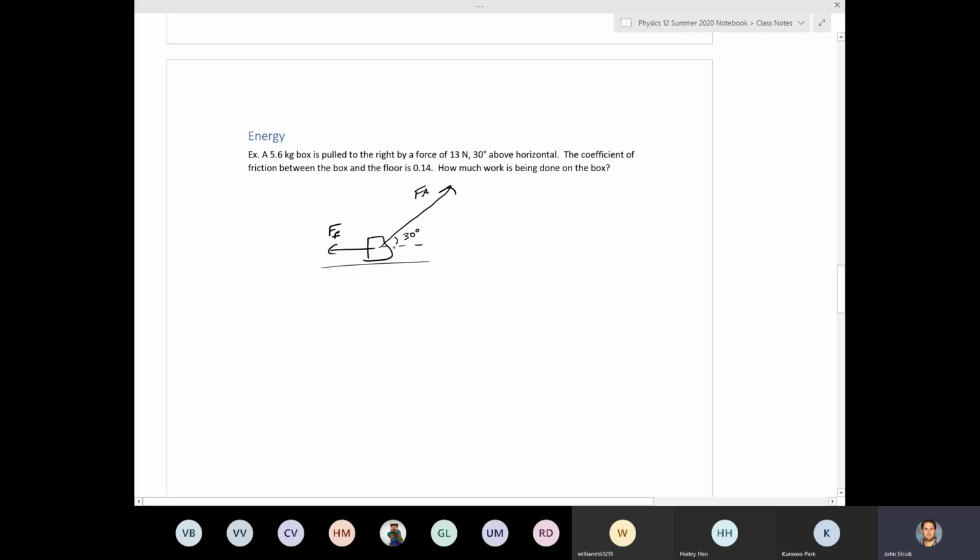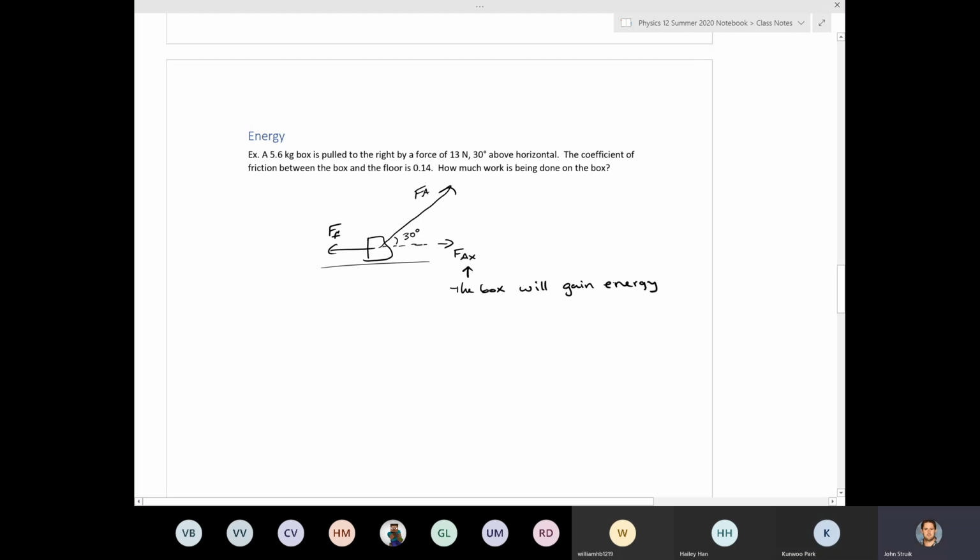So that means that the FAX is going to accelerate the block, and the box will gain energy.